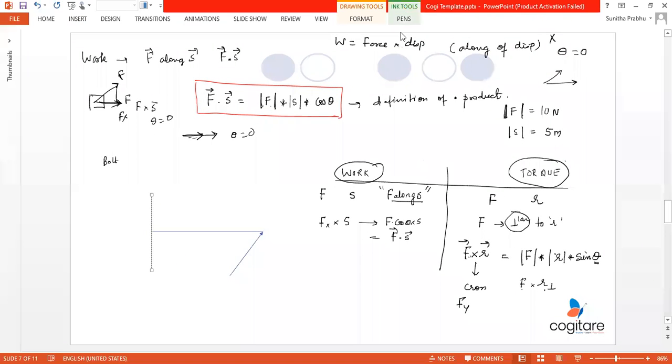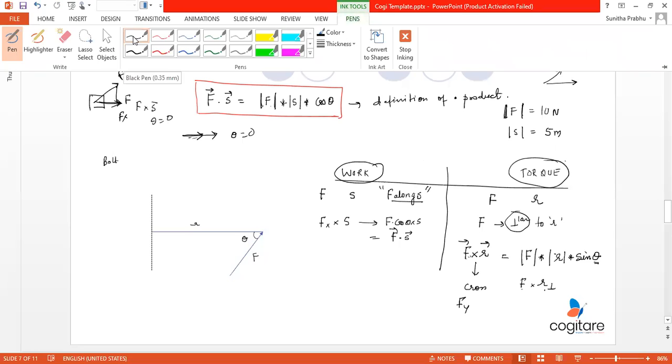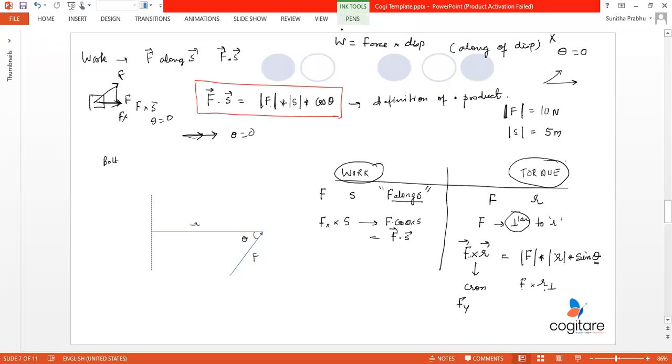Okay, so if force is now being applied like this, and it is making an angle theta with respect to R, where R is along this x-axis direction, then just like we resolved our earlier force when we were doing work, we will also resolve this force into two forces.